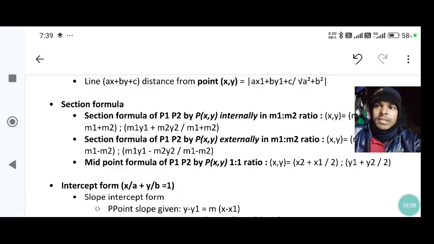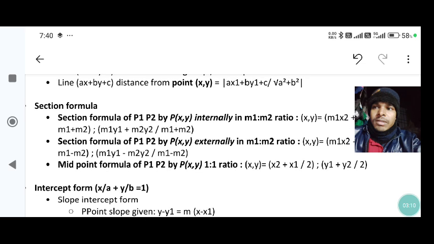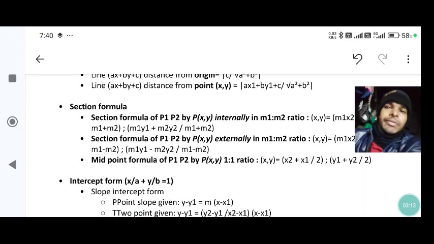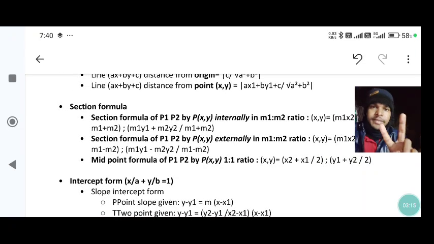Now coming to the section formula. For the section formula of P1 P2, two points are given, point 1 and point 2. The line P1 P2 is divided by the point P, which is x, y coordinate, and it is sectioned internally in the ratio m1 is to m2.